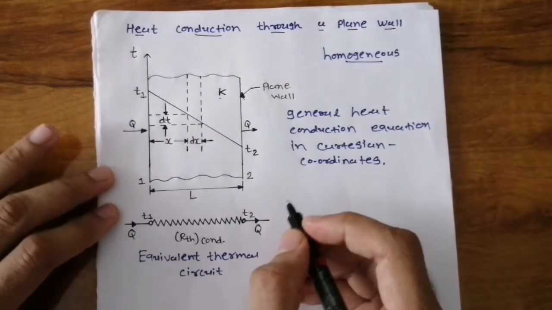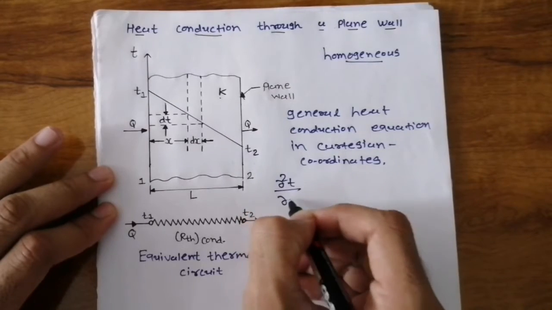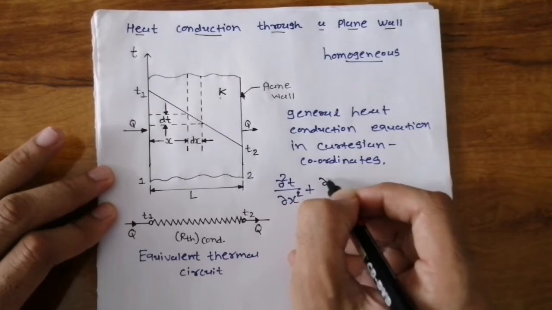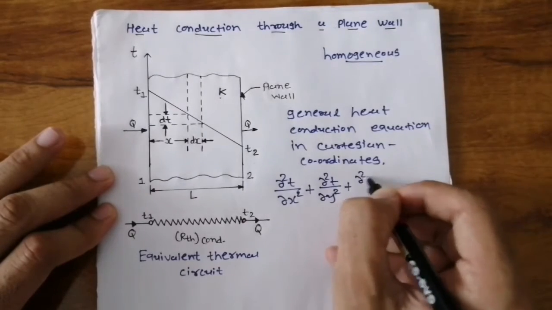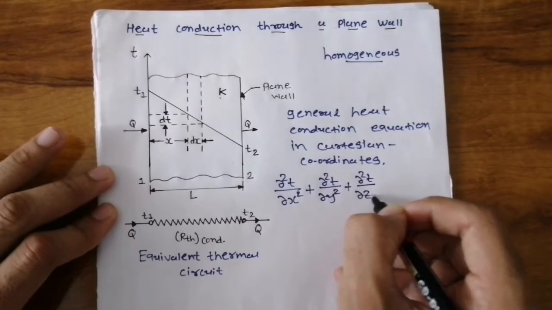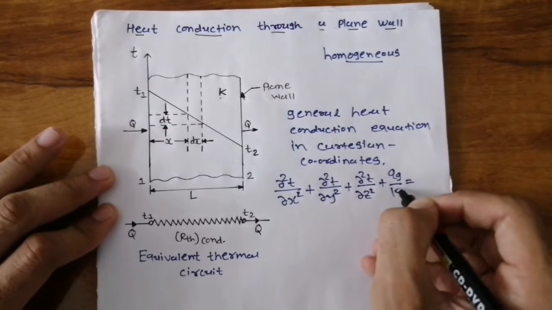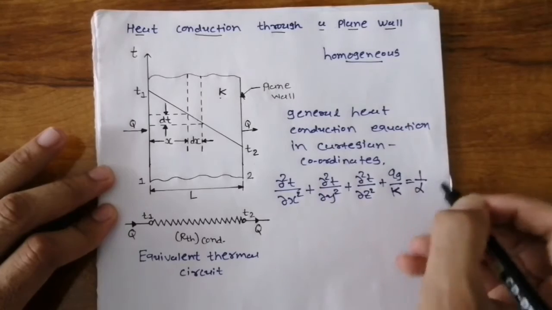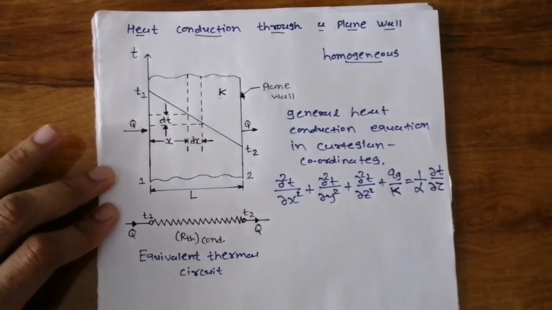So what is the Cartesian coordinate equation? It is del square T by del x square plus del square T by del y square plus del square T by del z square plus Qg by K is equal to 1 upon alpha del T by del tau.